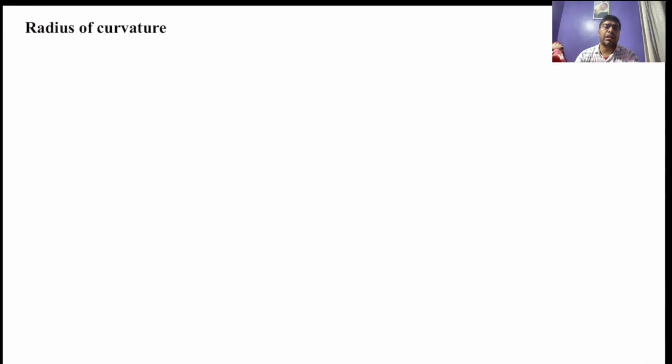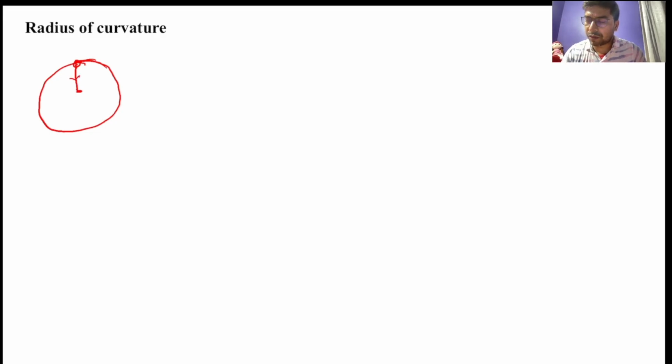Now we have to discuss an important thing, radius of curvature. So forget as of now parabolic motion or projectile motion. Just recall once the circular motion. If object is moving on circular path at any point, what will be the centripetal acceleration?